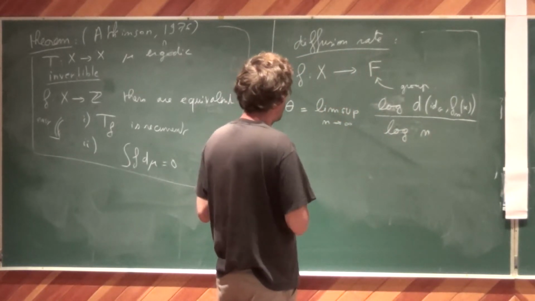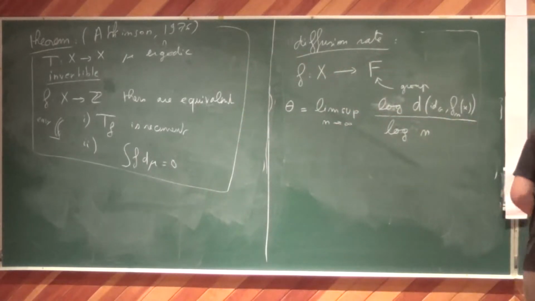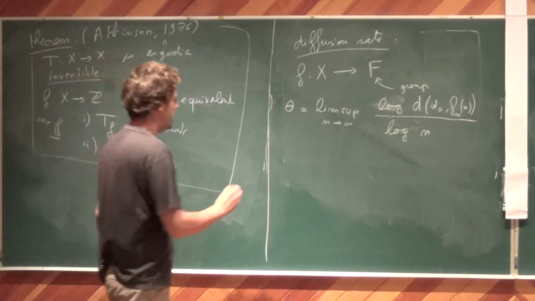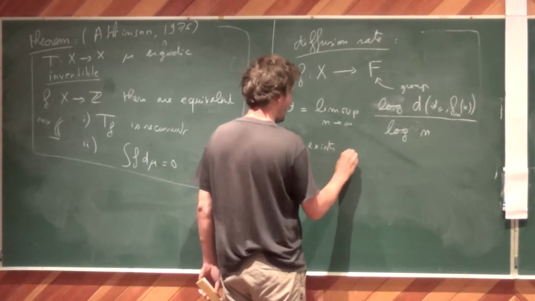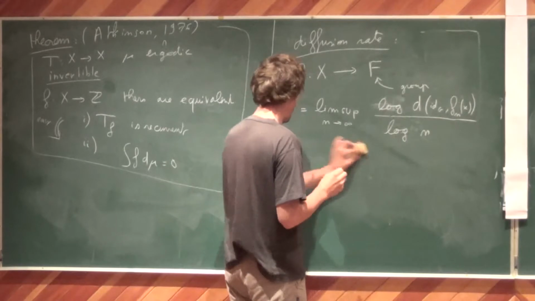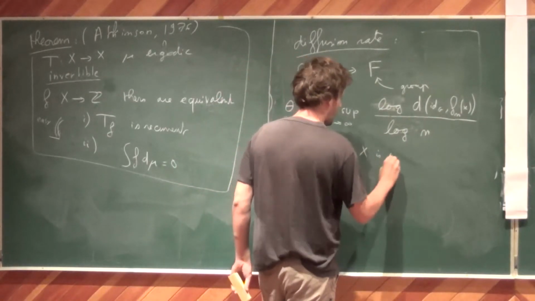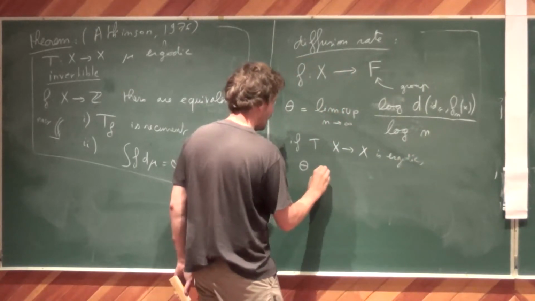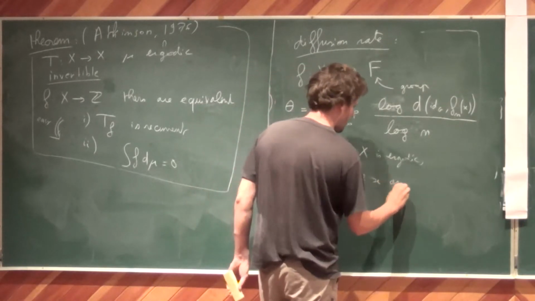And this exists for almost every x. Sorry, we need ergodicity. If T from X to X is ergodic, theta exists almost everywhere and is constant.